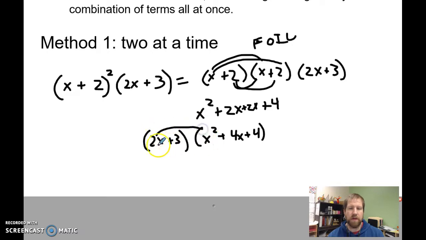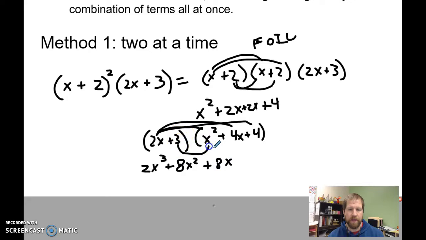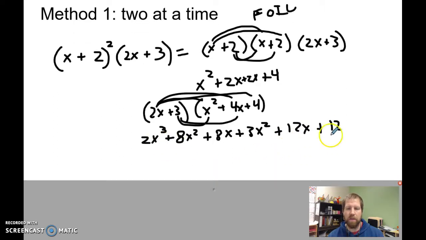So I've got 2x plus 3. 2x times x squared is going to be 2x cubed, 2x times 4x, 8x squared, 2x times 4 is going to be 8x, 3 times x squared, 3x squared, 3 times 4x, 12x, 3 times 4 is 12. Now I can combine all my like terms to get my polynomial.